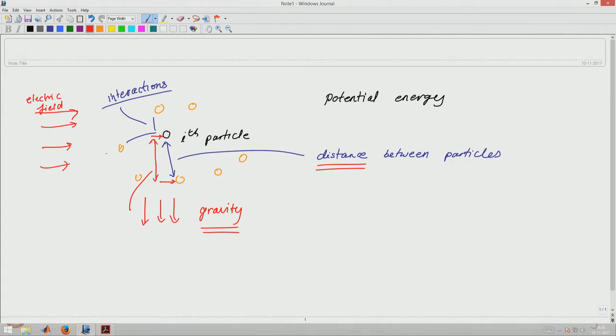The overall arrangement of these n particles is also called the configuration. So, therefore, the arrangement of particles in 3-dimensional space is called the configuration.